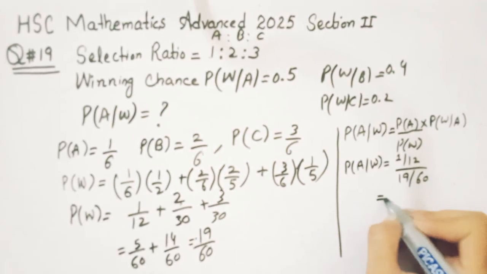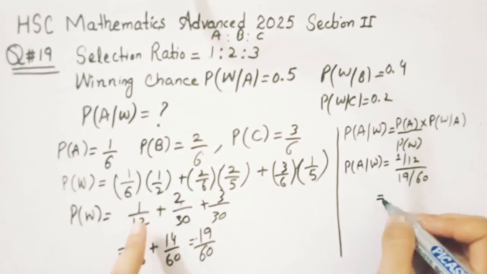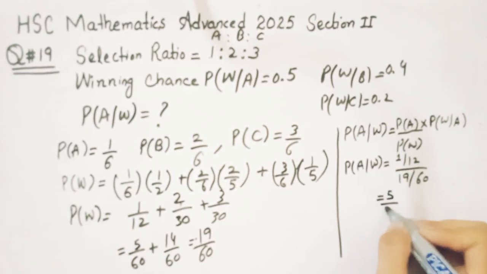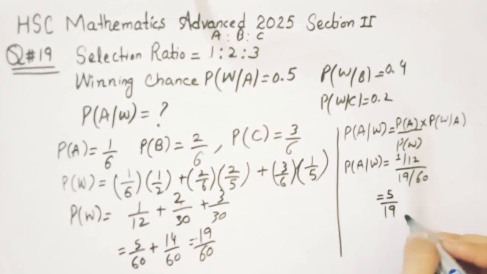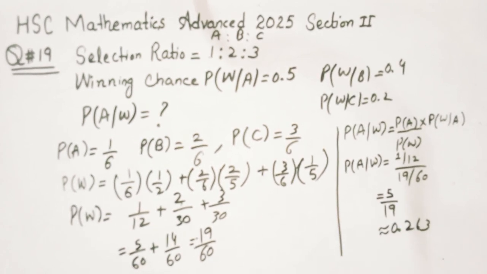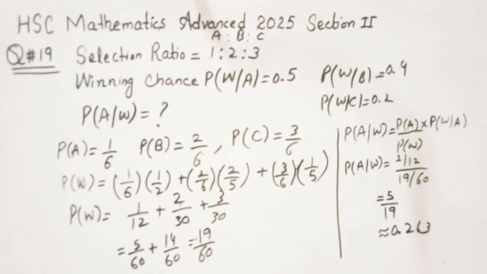So we have 5/19, which is approximately 0.263. So this is the conditional probability answer, probability of A given W.